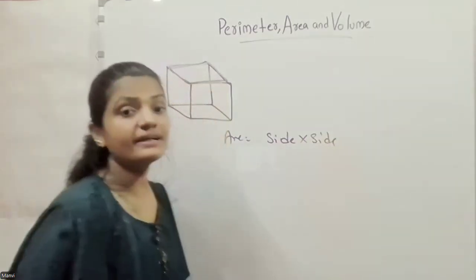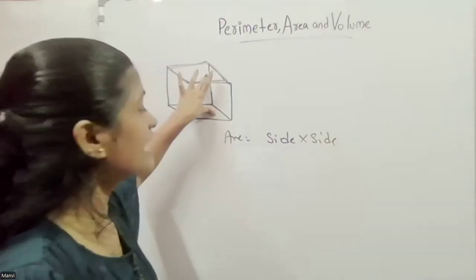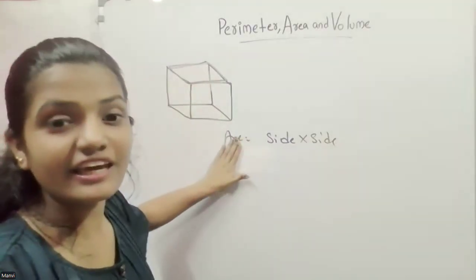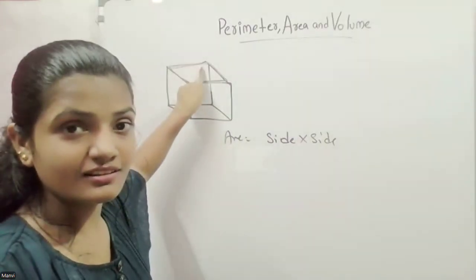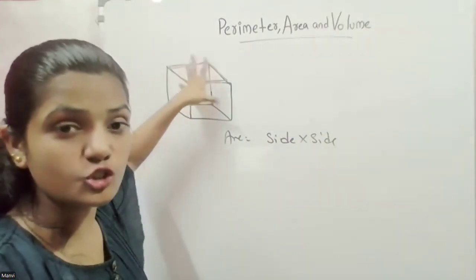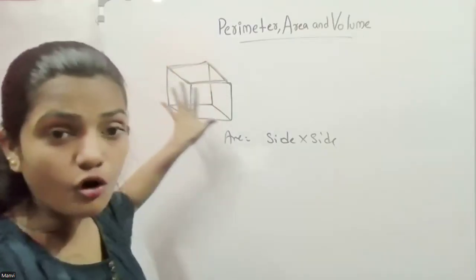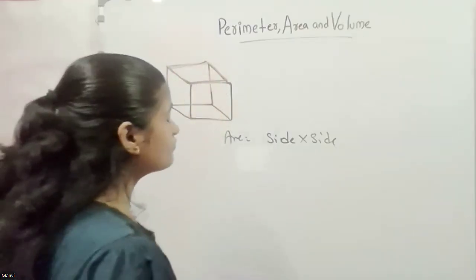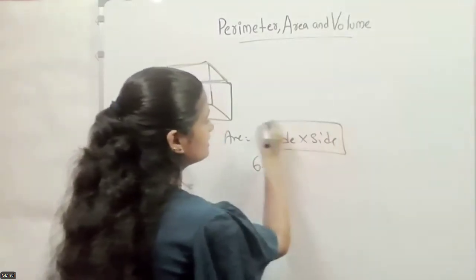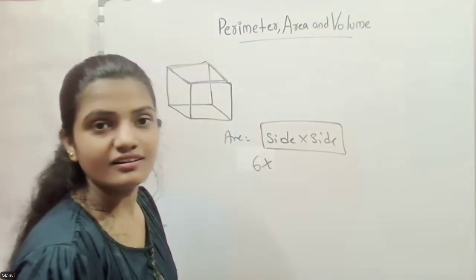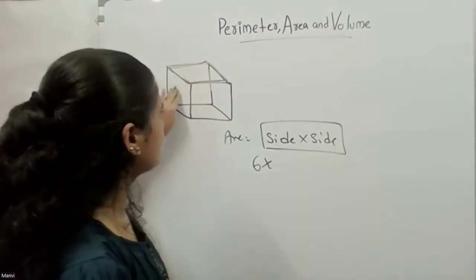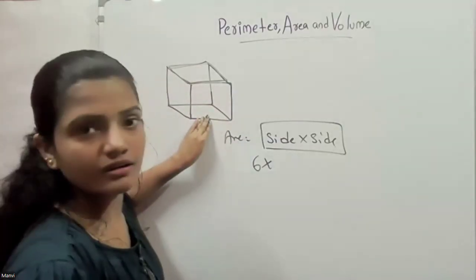But in a cube, we have 6 faces. So this is the area of one face. If we want to calculate the total surface area of this cube, meaning for all 6 faces, then what we need to do is 6 times one side's area. Because we need to calculate this area, that area, those areas, right?